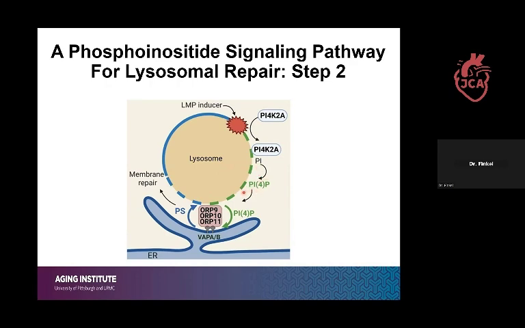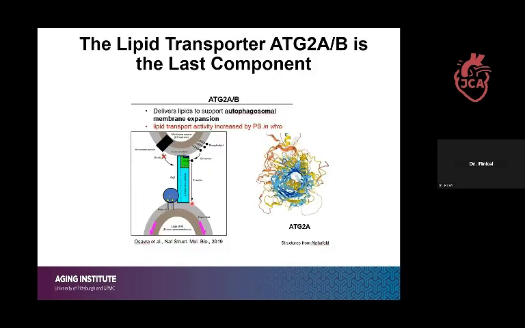We've made new lipids. We've made PI4P. We've exchanged that PI4P for PS. But all we've done in a way is change PI to PS. We haven't really added any lipids to the lysosome. So that suggested that this PS somehow has to stimulate bulk lipid transfer. And so the question is, what could do that?